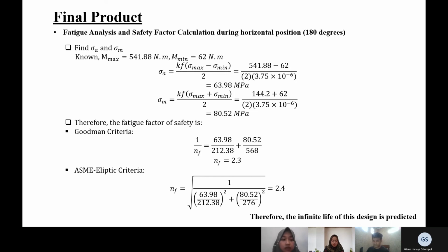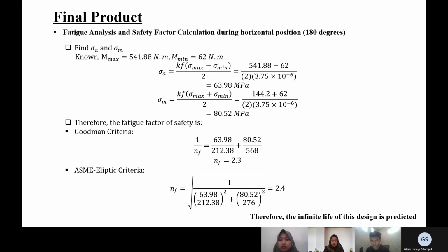For the fatigue factor of safety, we calculate first by Goodman criteria and we get 2.3, and for the ASME elliptic criteria, we get 2.4. Therefore, we know that the infinite life of this design is predicted.